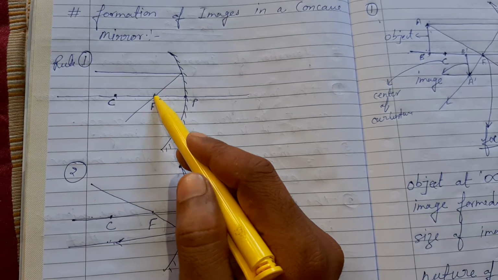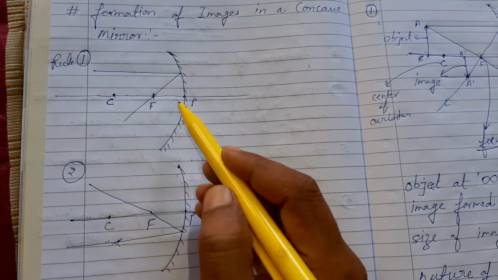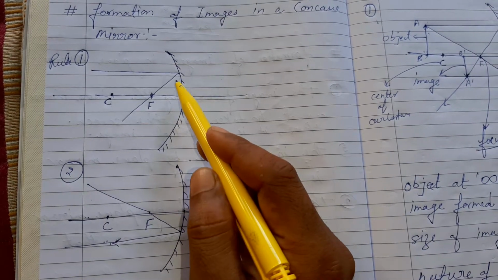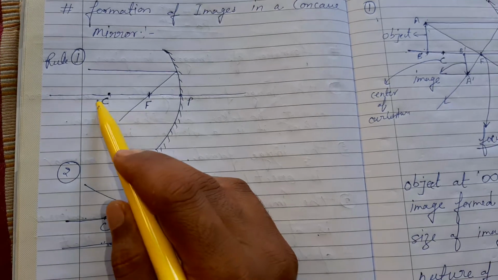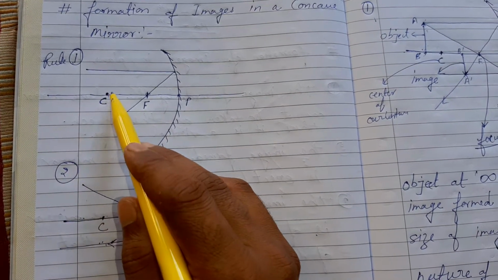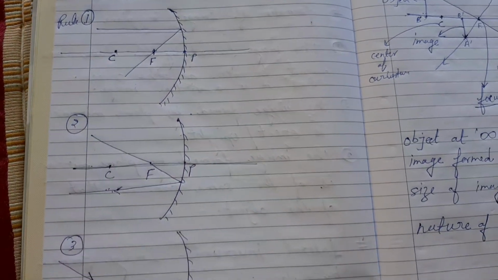This point is called the focus. This is the center of curvature, and this is the middle of the mirror, which is called the pole. This is the rule number first.